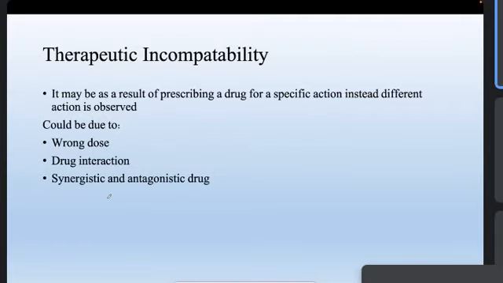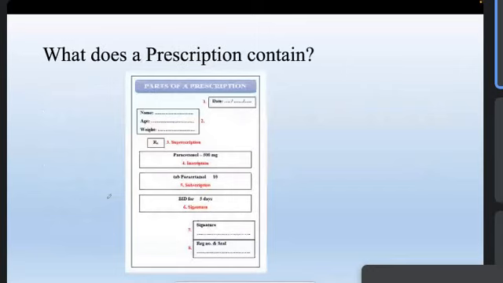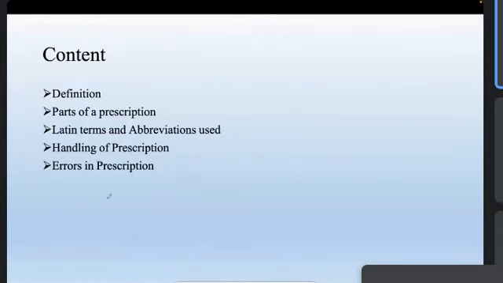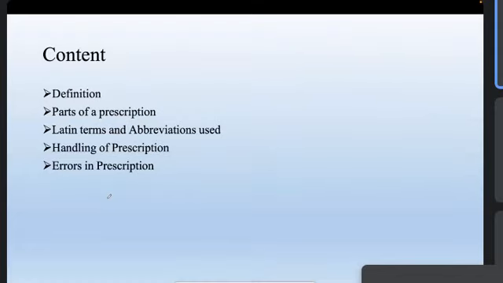So this is enough for that unit. We must have covered a very basic overview of the definition. We have seen what the parts are. We have seen the Latin terms and abbreviations used. We have seen handling of prescription, that is, initially we used to handle the prescription by counseling and all, but right now it is not there. Then errors in prescription, like we saw the incompatibilities, right?